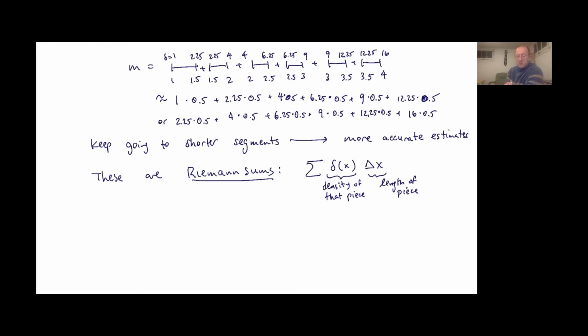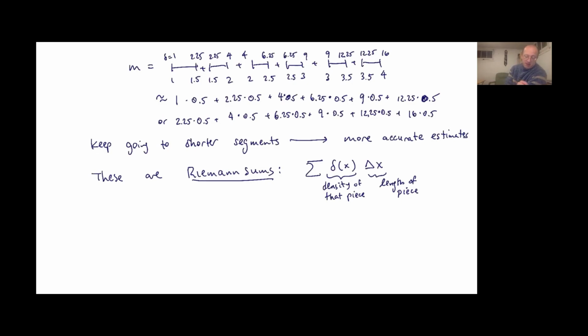So this is where we closed our previous video. If we had a piece of wire that we know its length and its density, this would be the mass of that piece of wire. And, well, we have estimates for each piece, and we can add them up to get an estimate for the total mass.